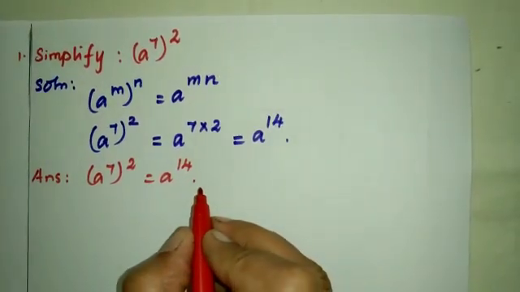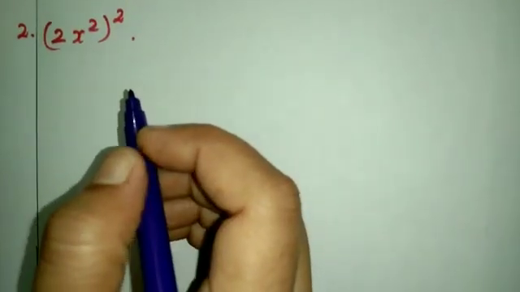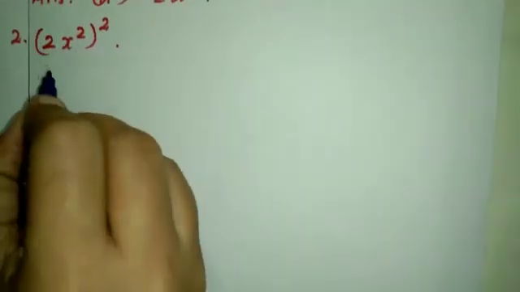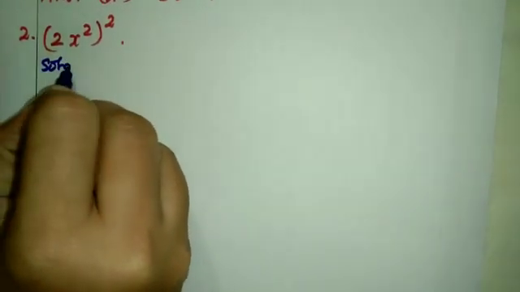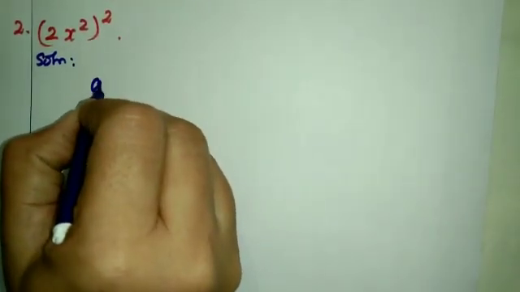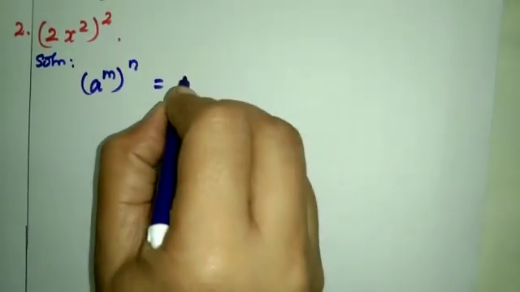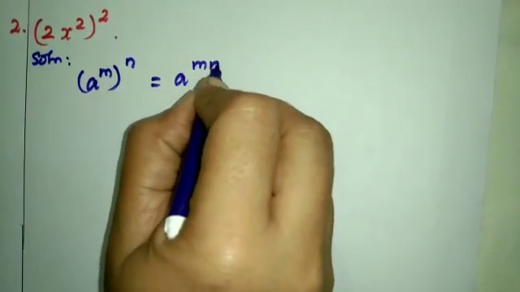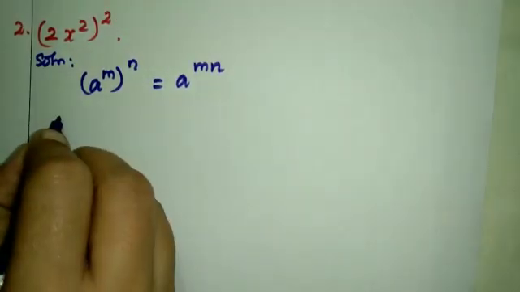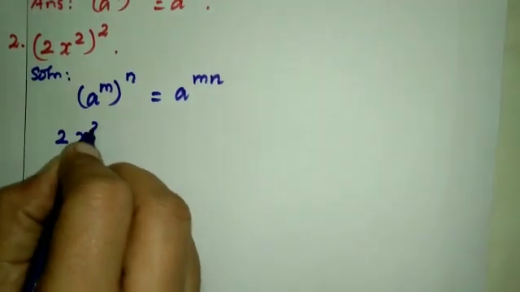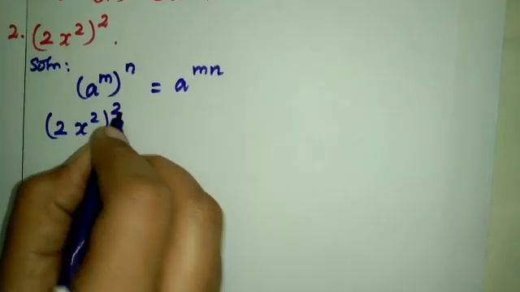This is the answer. Next question is 2x square the whole power 2. How to use the index power law? A power m the whole power n, which is equal to a power m into n. Here what is the question? 2x square the whole power 2.